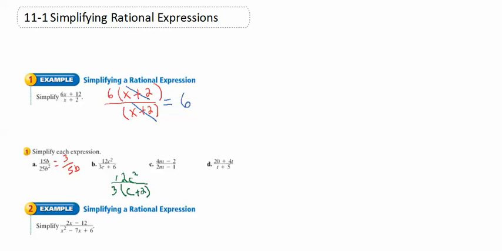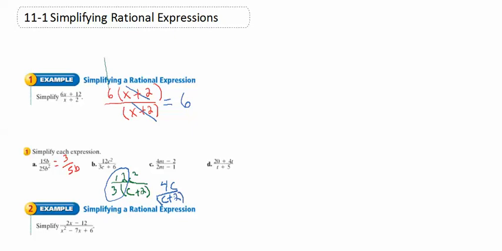Okay, now, the c's can't cancel because this is a quantity. That c plus 2 has to stay together, so I cannot cancel the c, but I can work with the 12 over 3. 12 over 3 is 4. At the top I have a c squared, and at the bottom I have my c plus 2. And that's all I can do because this c plus 2 is a quantity.